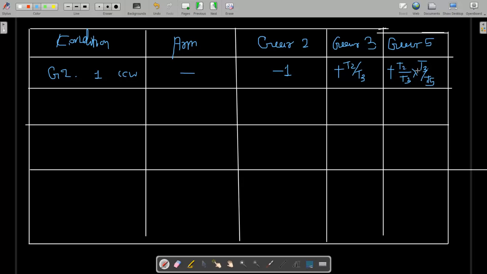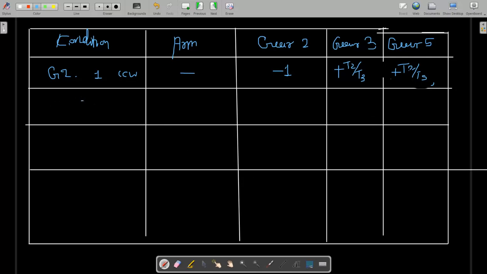So T3 will get cancelled, and we have only T2 by T5. I am erasing this and writing it again: positive T2 by T5, and 1 is multiplied by 1.